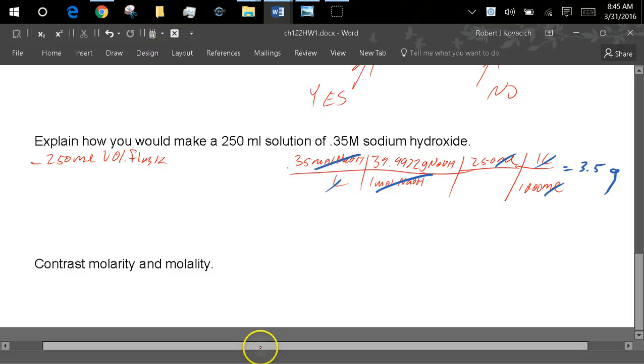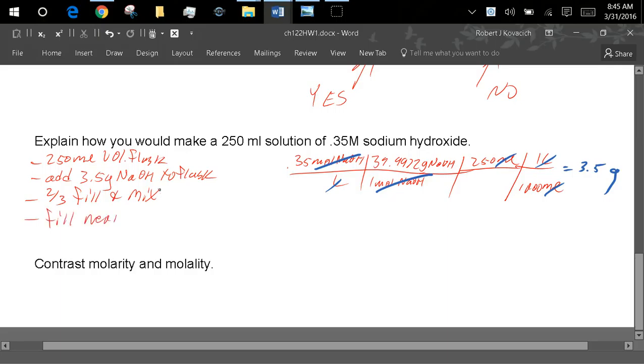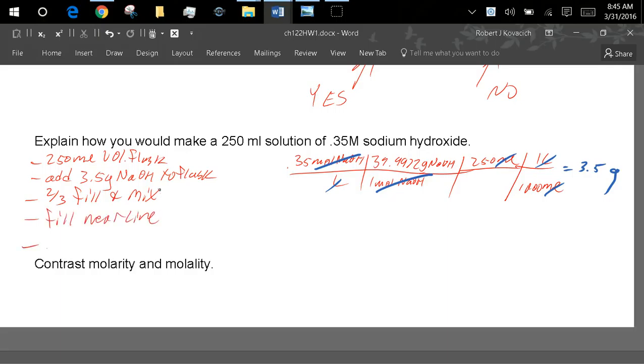So add 3.5 grams of NaOH to the flask. Fill two-thirds and mix. Fill near the line and then fill to the line with a dropper.